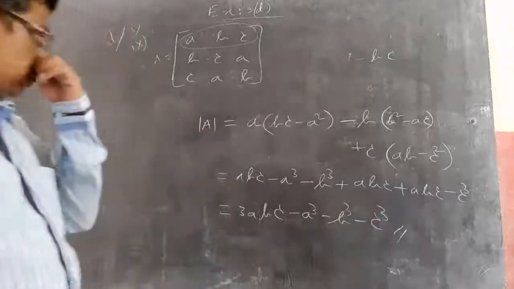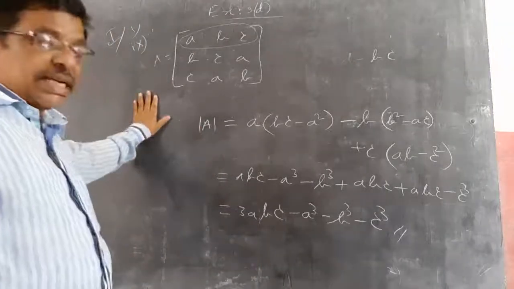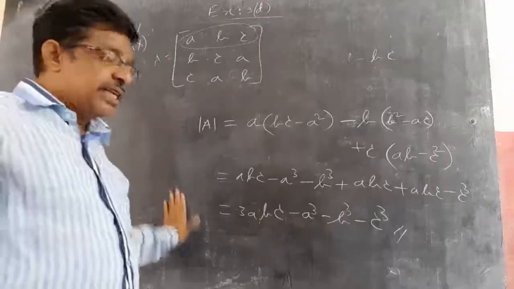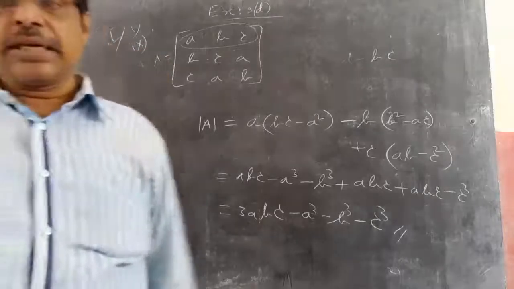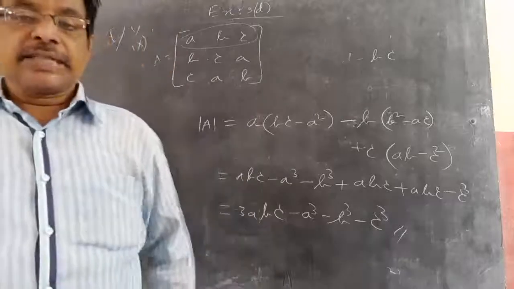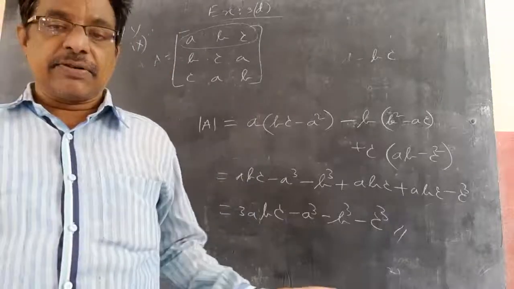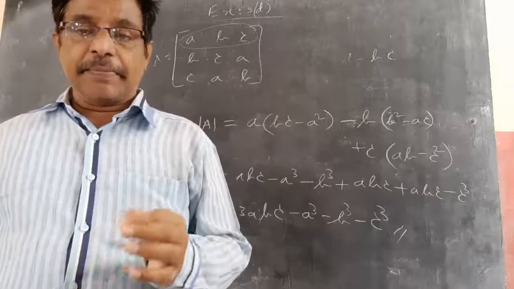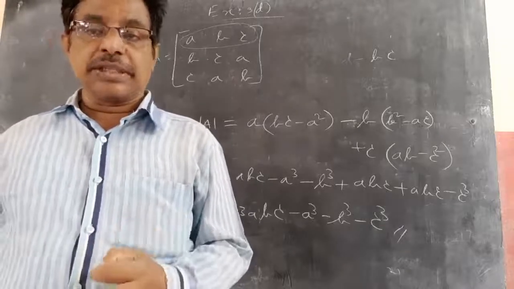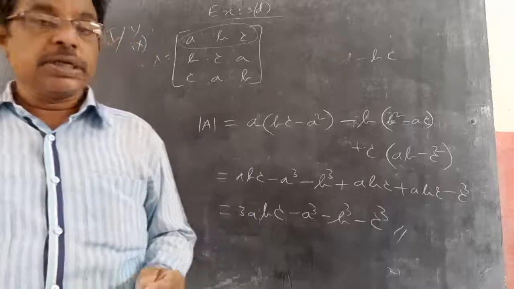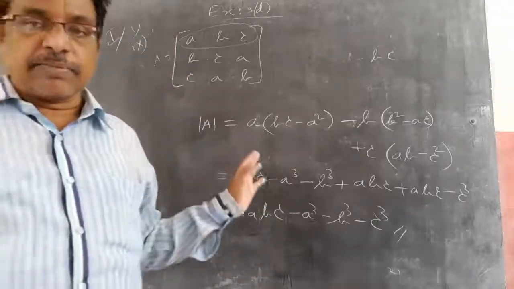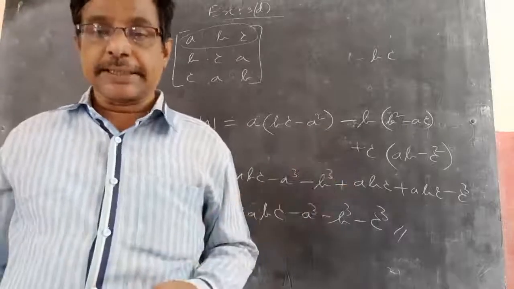Now remember this result, because you will get this result in many of the objective sums as well as your 7 marker sums. Actually, there were 7 marks questions on determinants previously, but this year, determinant properties, applying properties means there is no 7 mark question from determinants, only for this COVID year.